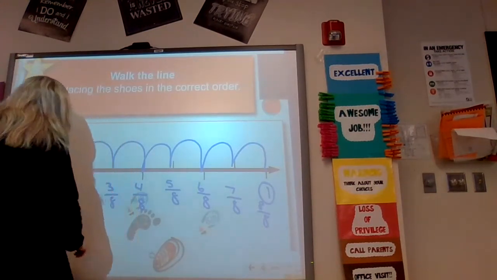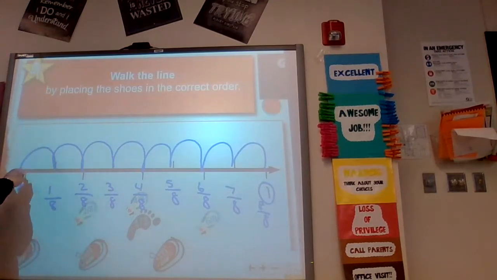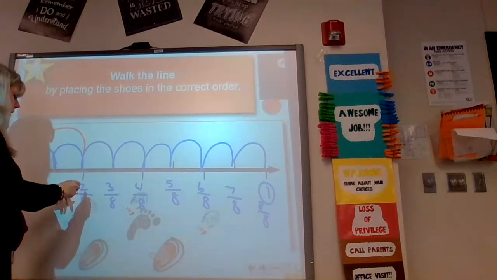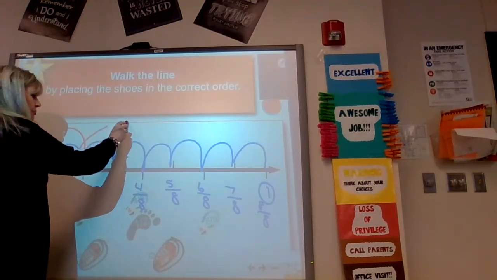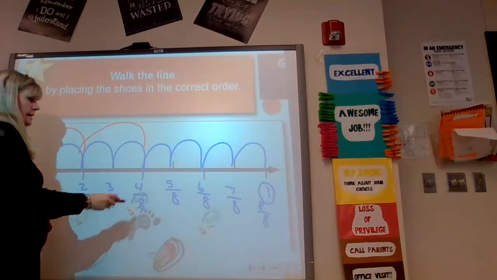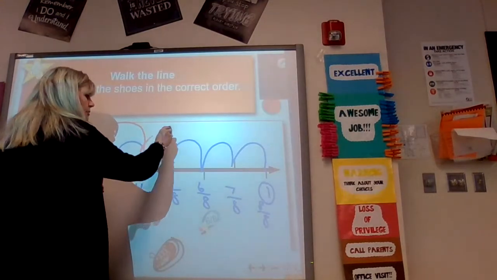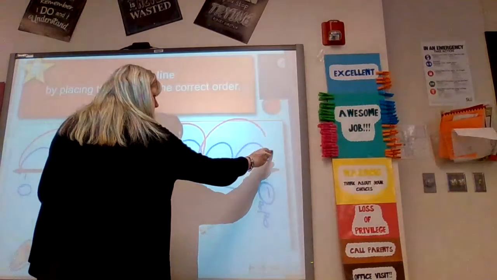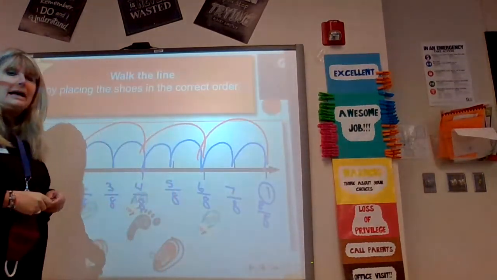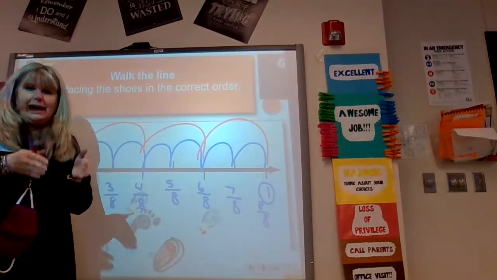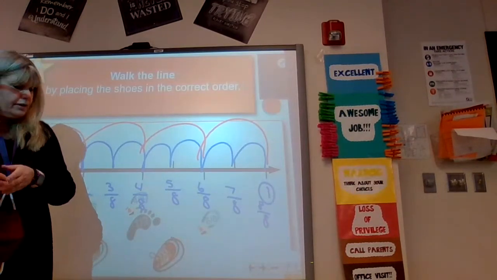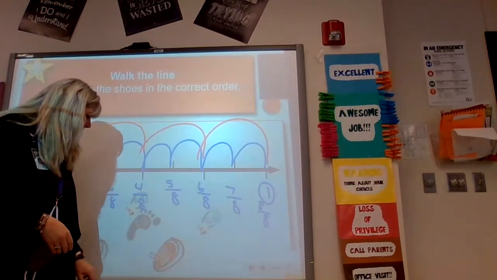So I'm going to look at this and I'm going to go, well, let's go from 0 and count 2 pieces. So there's one hop. Let's go from 2 and count 2 more pieces. There's 4/8. Let's count from 2, 2 more pieces. There's 3, 2, and 2 more pieces. There's 4. So it looks like 2 pieces of 8 is equal to 1 piece of 4th. And let's see if we're right.